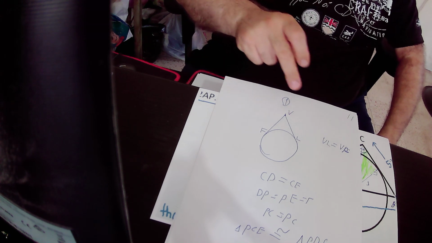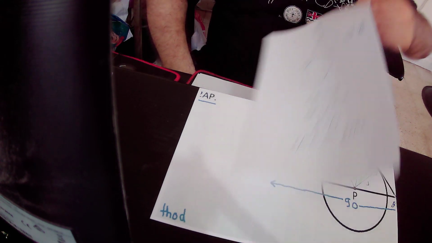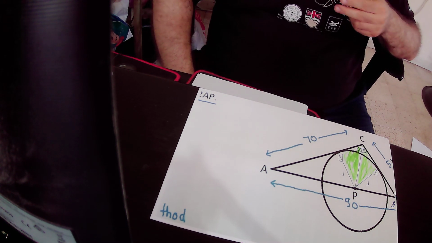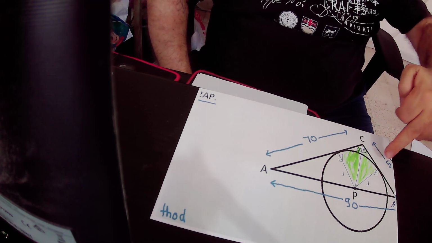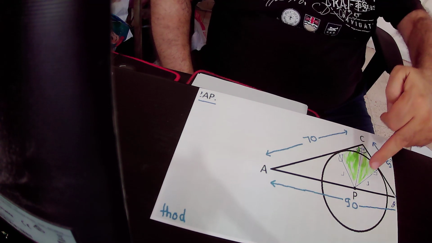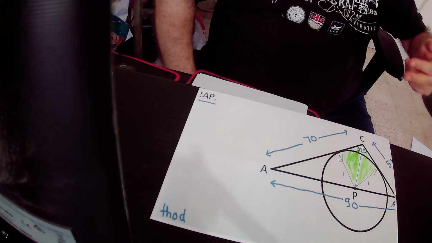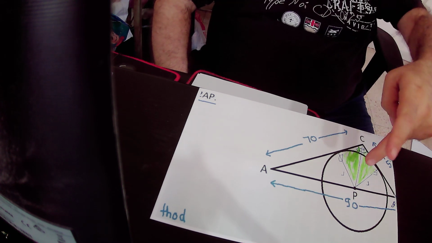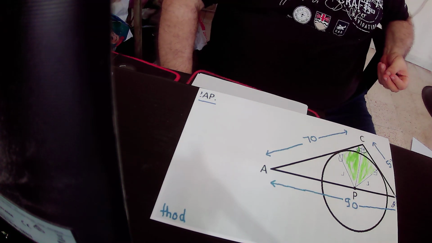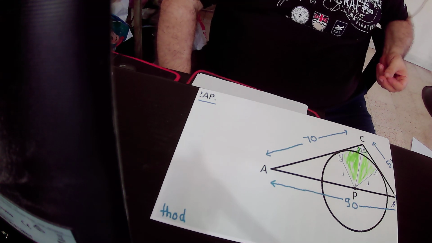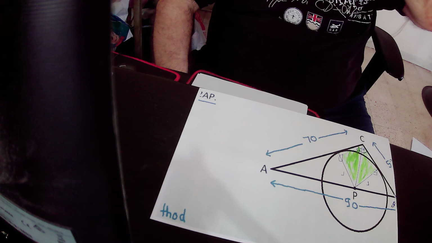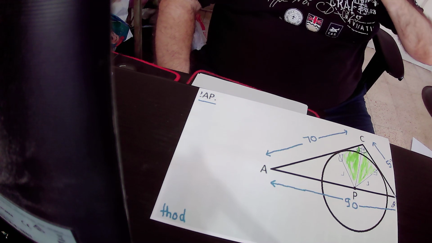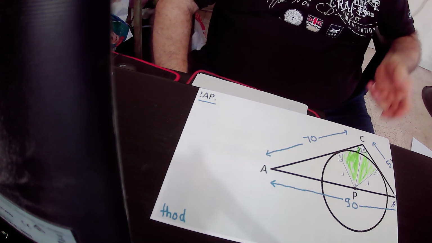So CE equals CD, and also PE equals PD, because PE is R and PD is also R. It is the radius of the circle, so they are equal to each other, and PC equals itself. So triangle PEC is congruent to triangle PDC.